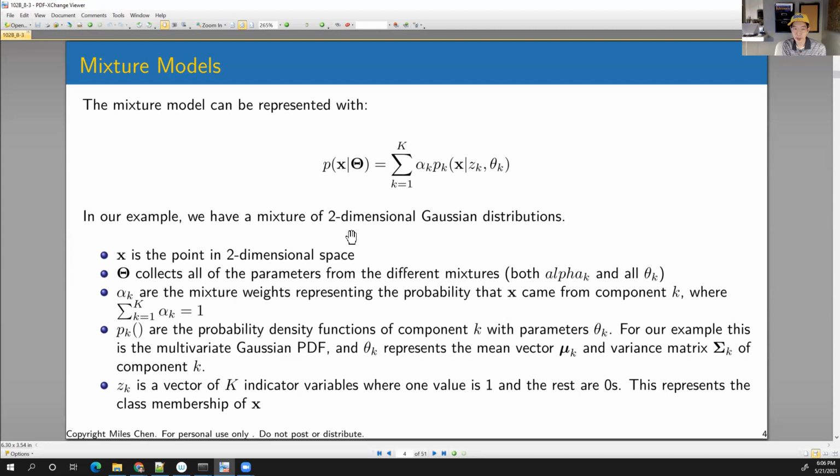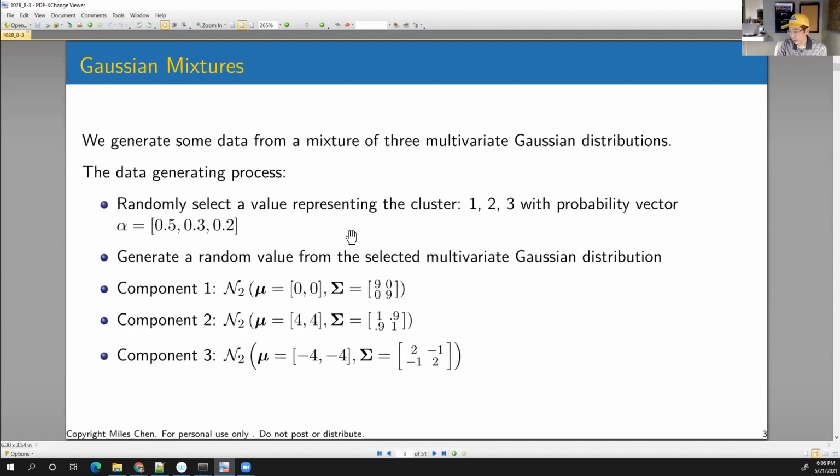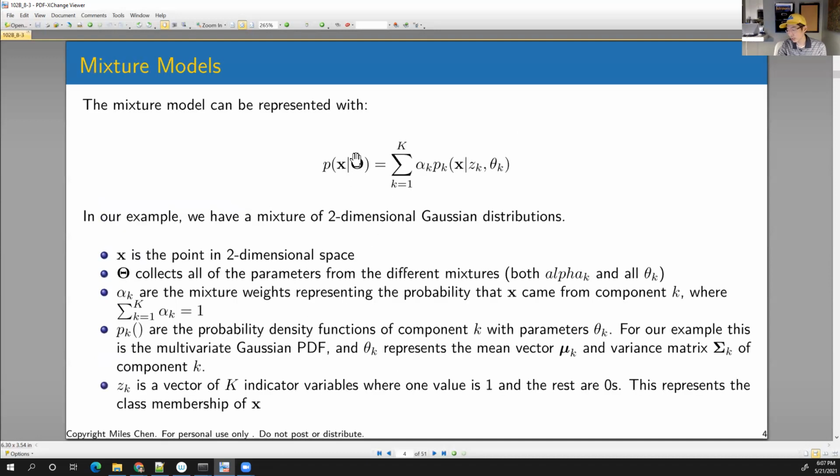And the parameters include basically everything here: the mean vectors of the 3 distributions, the sigma matrices of the 3 distributions, and the alpha vector showing the proportions of each distribution. There's a whole bunch of parameters, and they're all gathered into this big theta.